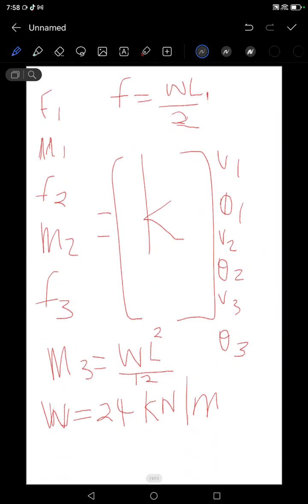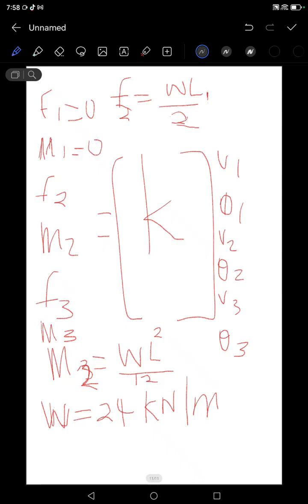Here we'll be looking for F2 and also for M2. Since node 1 is fixed, the force is going to be equal to 0, even the moment is going to be equal to 0.